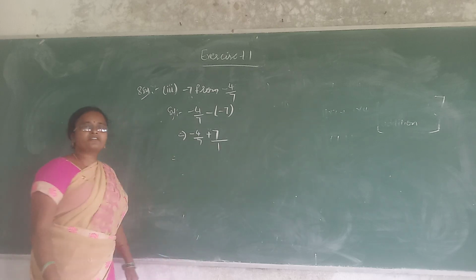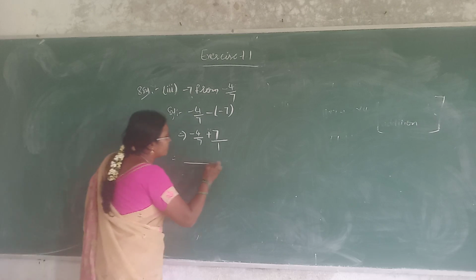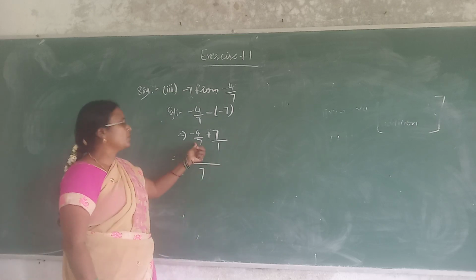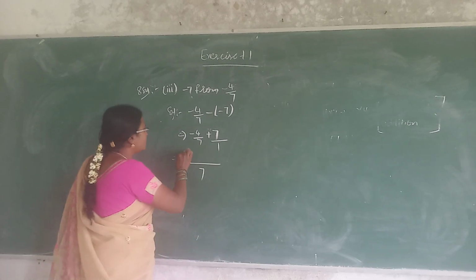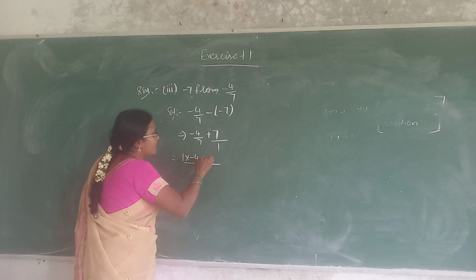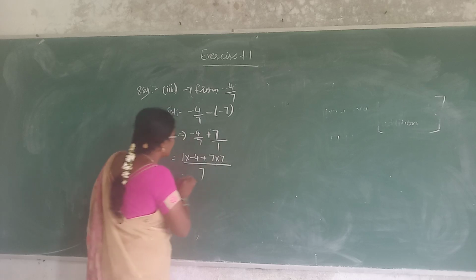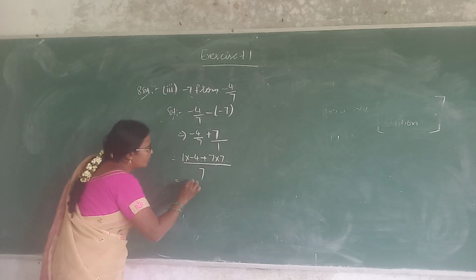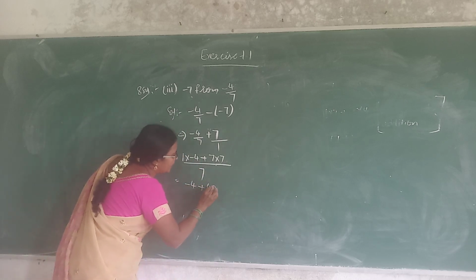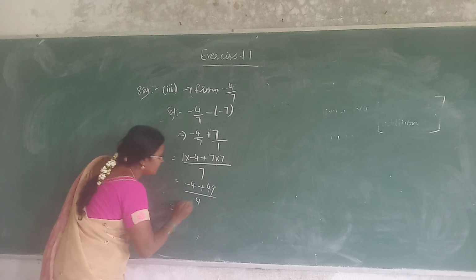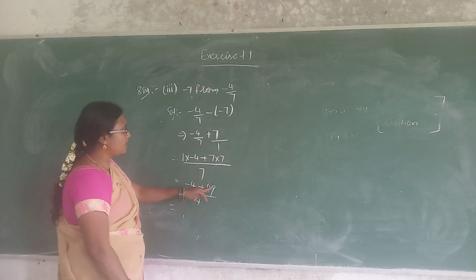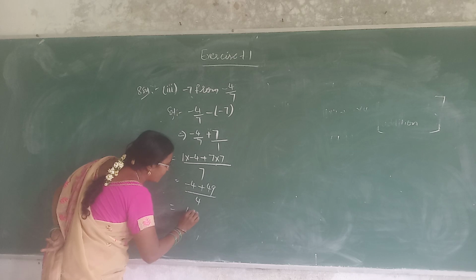Now take the LCM of 7 comma 1. It becomes 7 ones are 7. Now 7 goes 1 time: 1 into minus 4, plus 1 goes 7 times, then 7 into 7. So 1 into minus 4 becomes minus 4, plus 49 by 7. Plus into minus becomes minus: 49 minus 4 is 45.